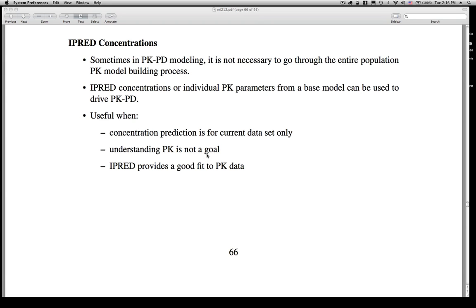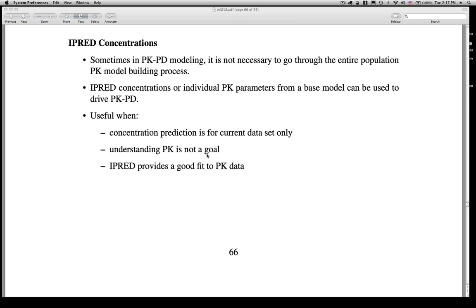Another consideration is what kind of concentrations should we use? Well, we talk about building population PK models, and that's a large endeavor, a long process where we build models for covariate effects, evaluate random effects distributions, perform predictive checks, and so on. But sometimes when we really just want to understand the exposure-response relationship, we can shortcut all of that by just moving to a solid base model on the pharmacokinetic side and using some conditional estimation method to determine the individual concentration predictions.